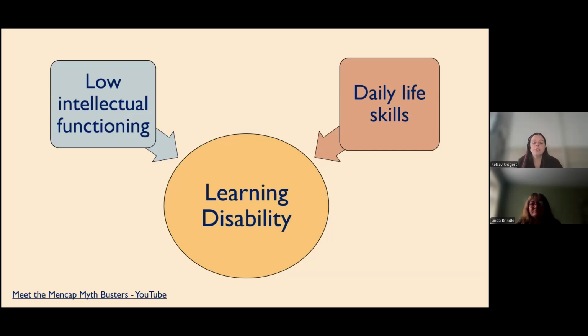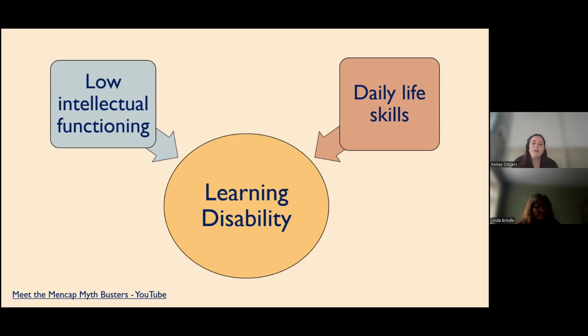So, when a child is younger than school age, these difficulties are likely to be called global development delay, which might be something you've heard also. But there are really two key aspects to a diagnosis of a learning disability, which are important to hold in mind, and you can see there on the screen. So the first is significant impairment in intellectual functioning.